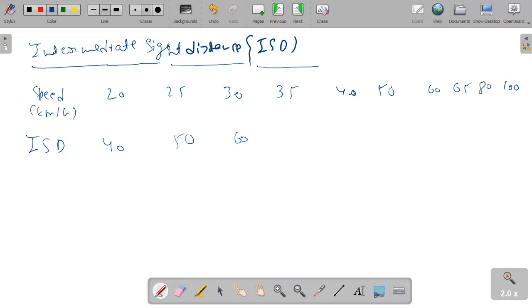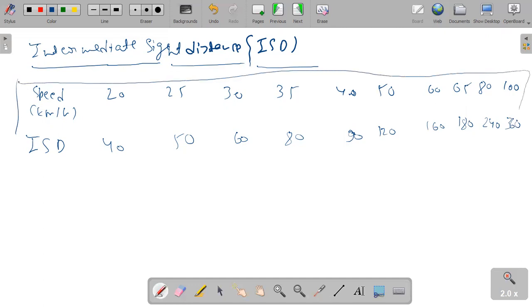For 35 you'll get 80. For 40 you'll get 90. For 50 you'll get 120. For 60 you'll get 160, for 65 you'll get 180, for 80 you'll get 240, and for 100 ultimately you'll get 360. Once again, do remember this table for your numerical portion.